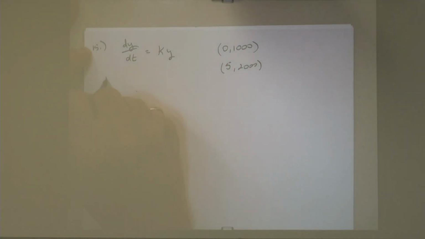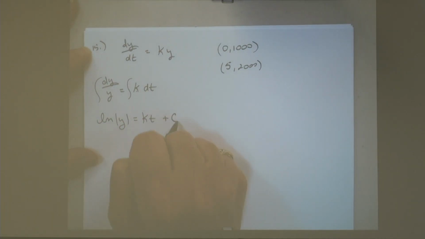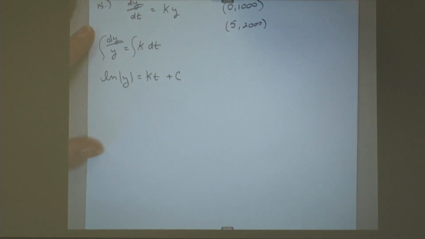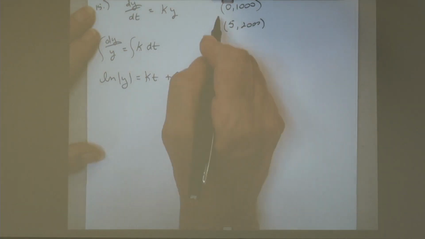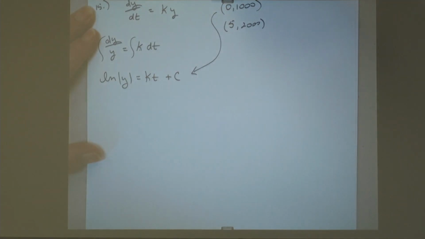So I've got dy over y is k dt, ln y is kt plus c. By now, that should be fairly rote. So we're going to use our initial condition to find the value of c.